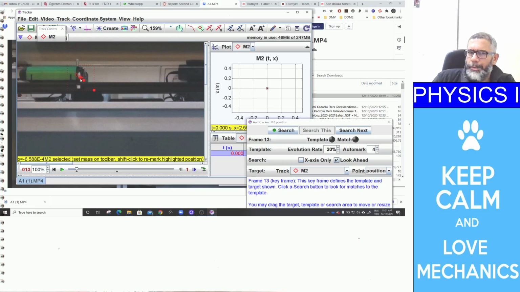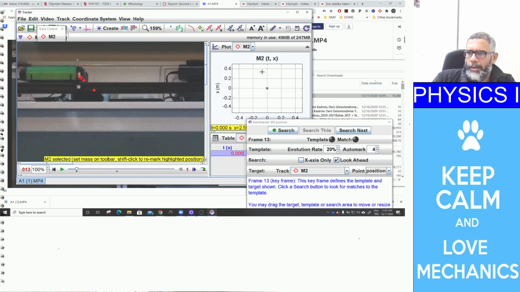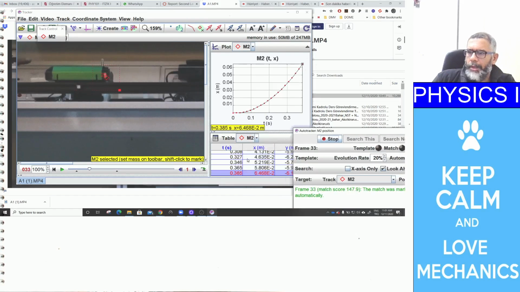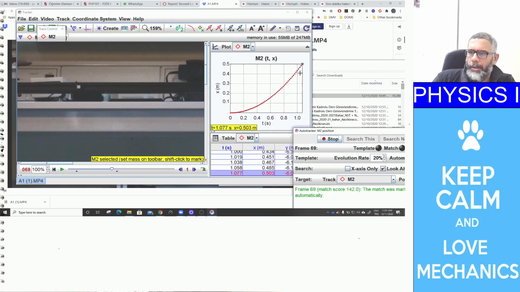It will mark its position, and record this position and its timing on this plot and also on the table. So now I'm ready, and I just push the search right now. You see these data are produced frame by frame, and it is drawing all these data on the X versus time graph.